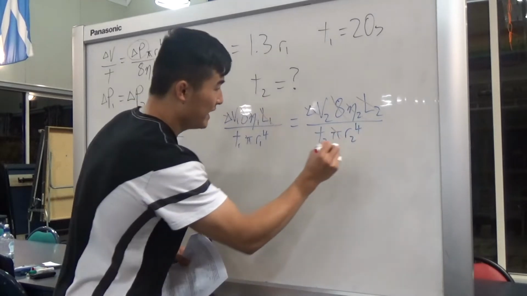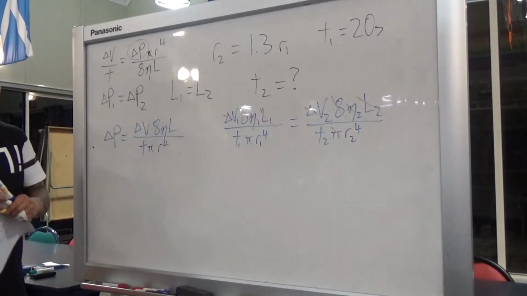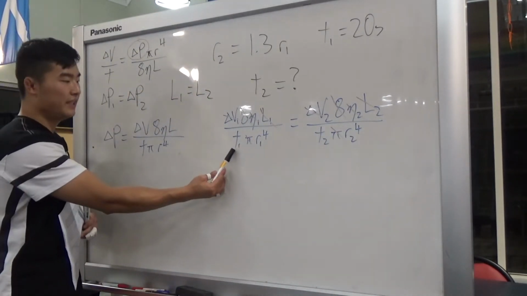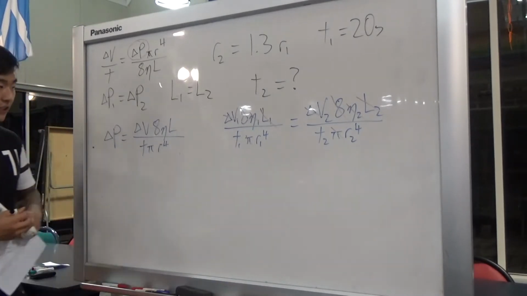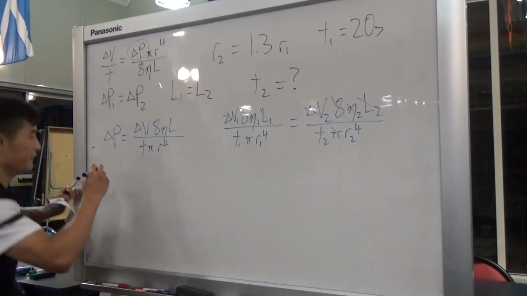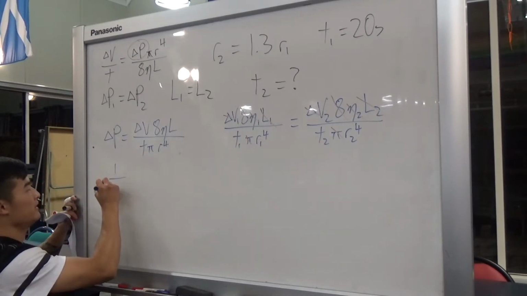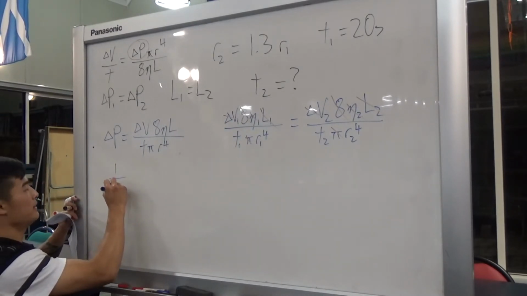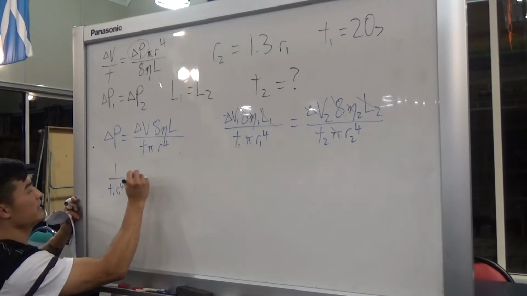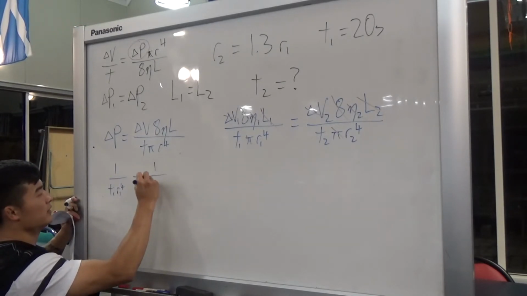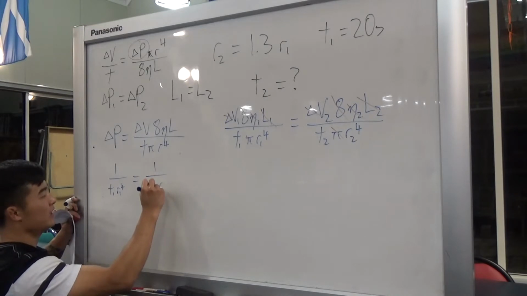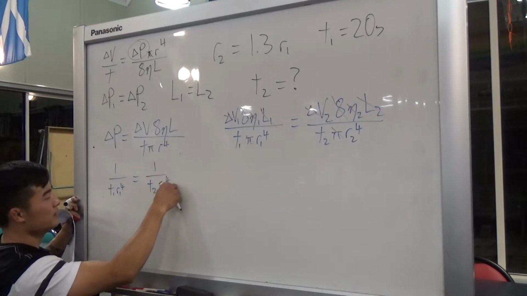Pi is going to be the same. So now the only things that we have left over are T and R, right? So there's nothing on the top, so that's just going to be 1 over T1 times R1 to the 4th power is equal to 1 over T2 times R2 to the 4th power.